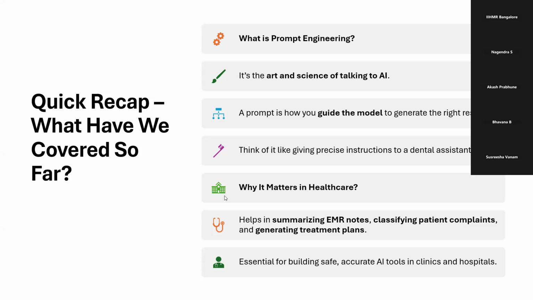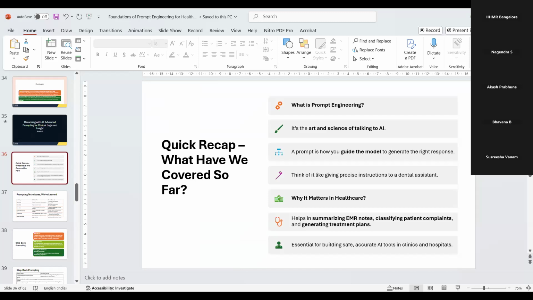So today, last time we were facing issues with our Gemini, so I tried to simplify it. This is the AI Studio by Gemini.